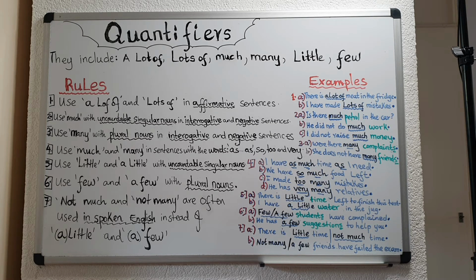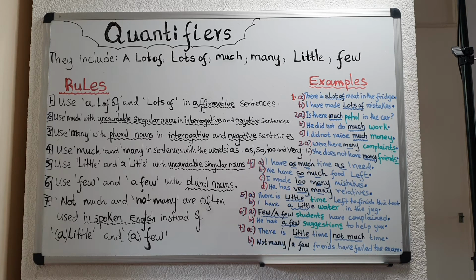And it should also be uncountable. Now, in English, we have countable and uncountable things. Uncountable nouns, when we change them to plural, you do not add anything. They remain the same. You can't count it.